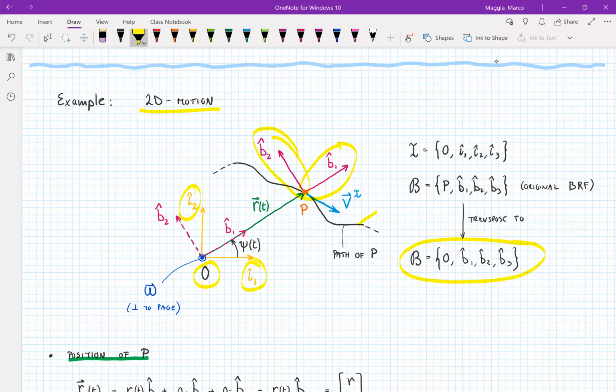The body frame of reference rotates with respect to the inertial frame of reference, and so if we want P to travel just in the plane of the page, then the angular velocity is perpendicular to the page at all times.